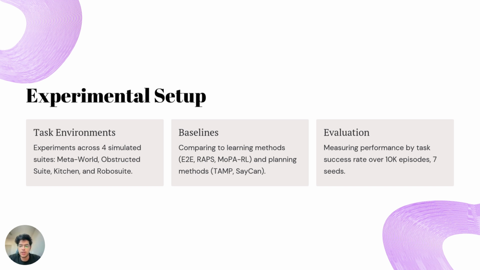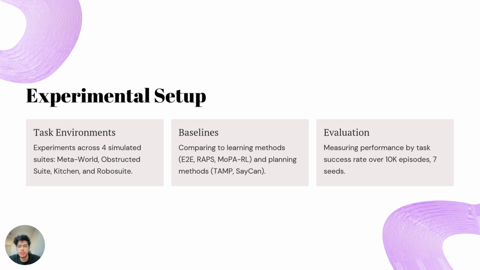Policies are trained using compact 84 by 84 pixel image inputs, and an exploration schedule gradually improves efficiency over 500,000 steps. PSL was tested in four simulated environments: Meta World, Obstructed Suite, Kitchen, and Robo Suite.